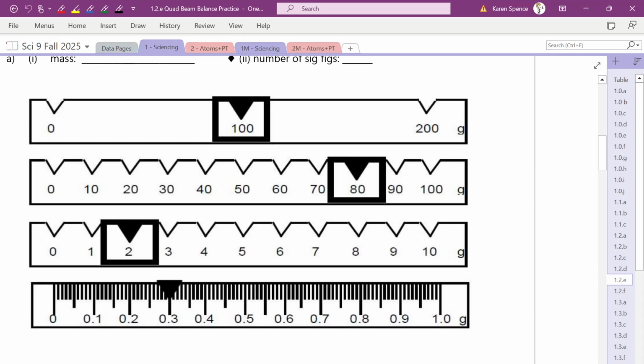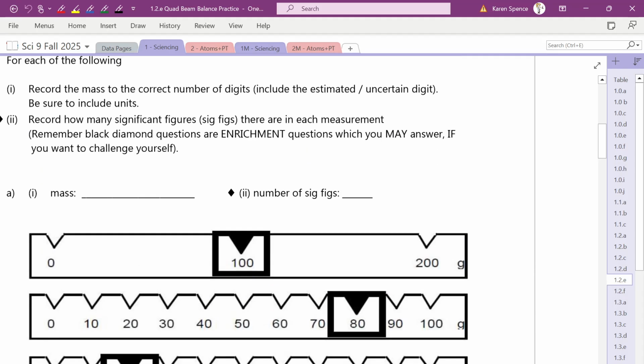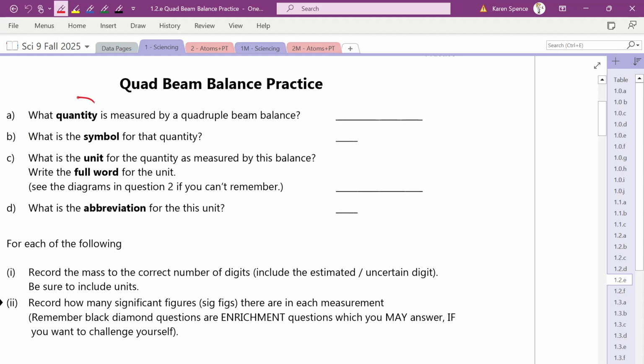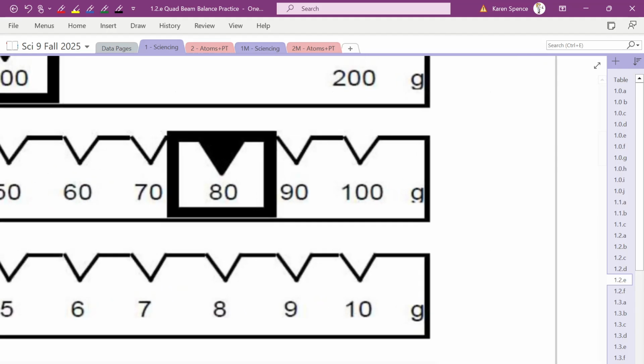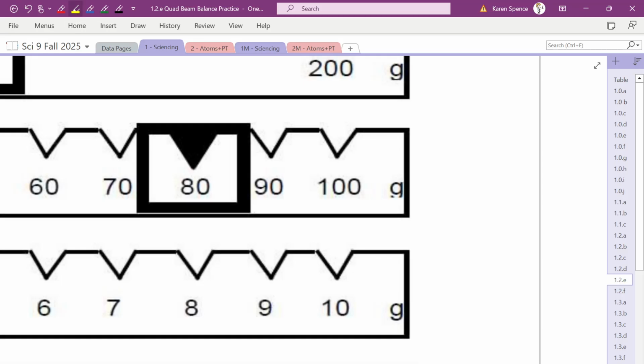And you are going to tell your neighbor what quantity a quadruple beam balance measures. What quantity does it measure? And if you want a clue, there's a little clue there. That's the unit. Grams is the unit.